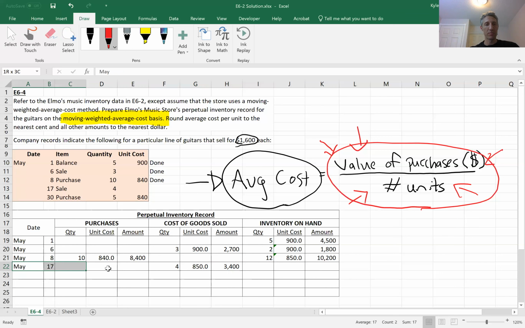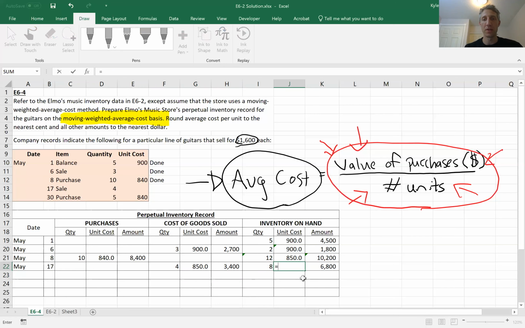But I also want to know on May 17th, what do we have on hand? What is our updated inventory balance? Well, in the prior period, we had 12 units, and then we got rid of 4. So now we have 8 units. Additionally, we had $10,200 worth of inventory. We sold $3,400 worth of it.